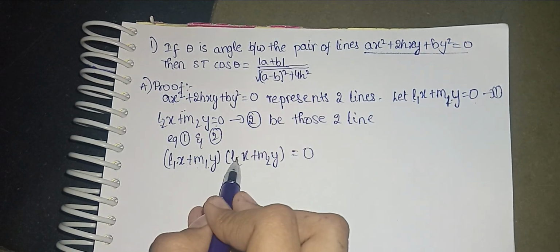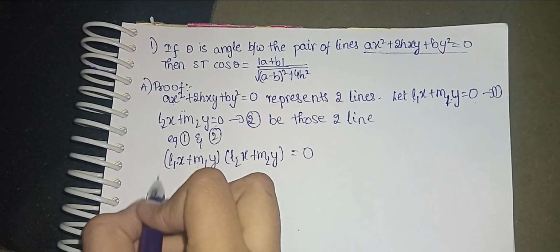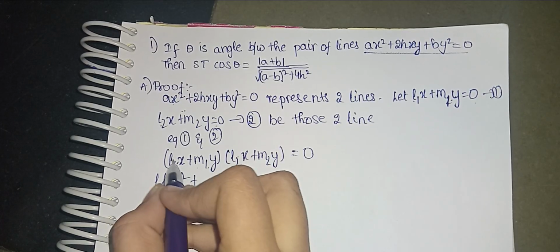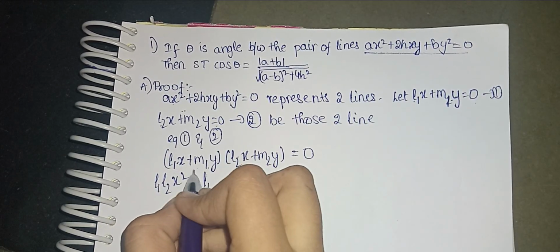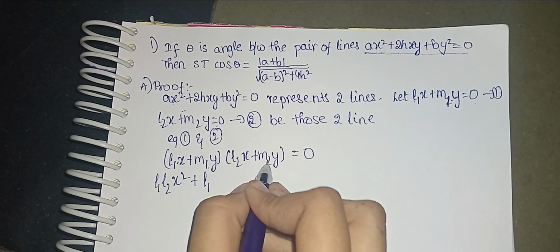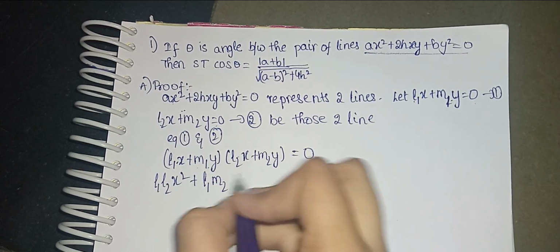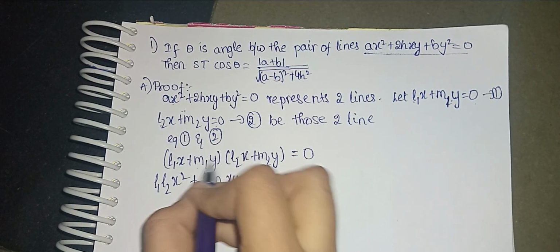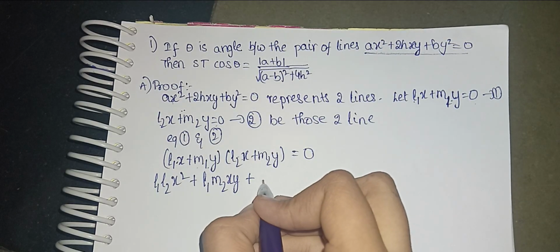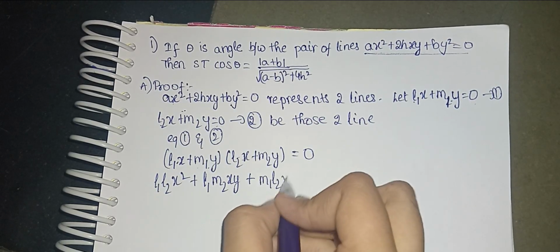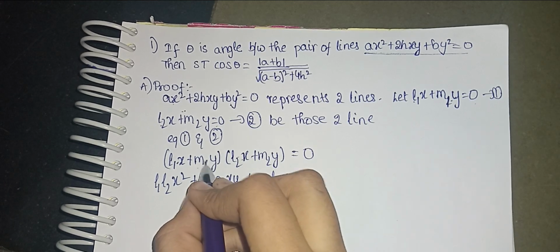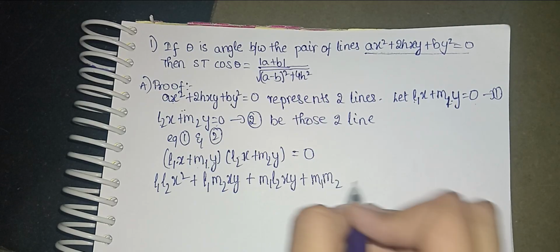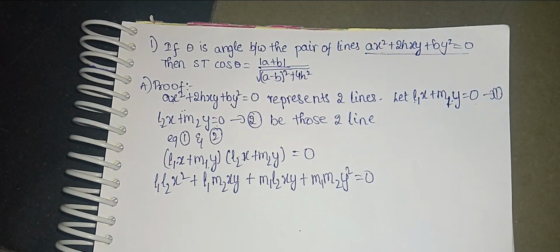Now first one into first one: L1 L2 x square, plus L1 into second, M2, xy, plus M1y into L2x means M1 L2 xy, plus M1y into M2y, M1 M2 y square is equal to 0.